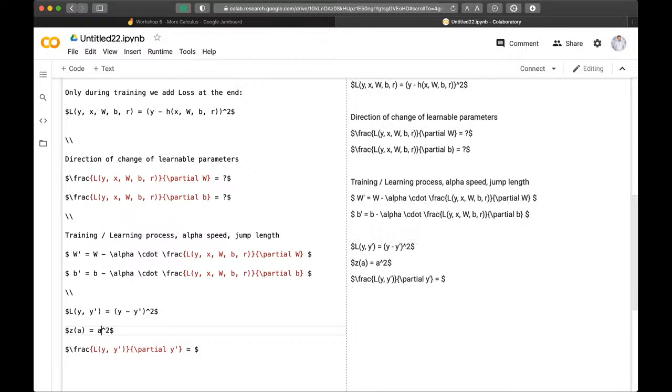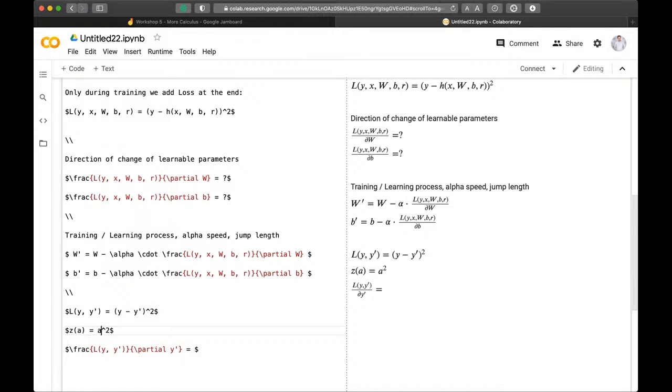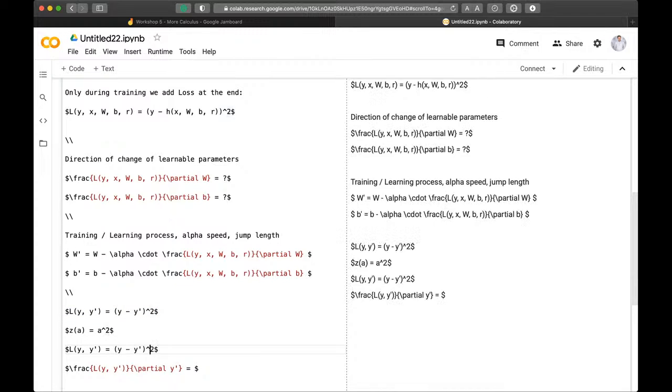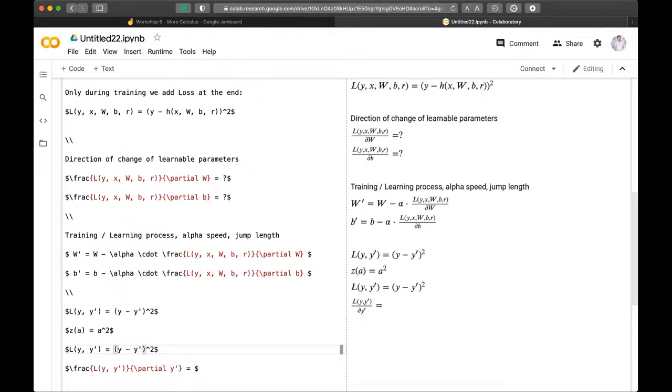So this is our temporary function, right? So then we can rewrite it as z of y minus y prime, right? So hopefully this is clear, that I can rewrite this equation in this way.